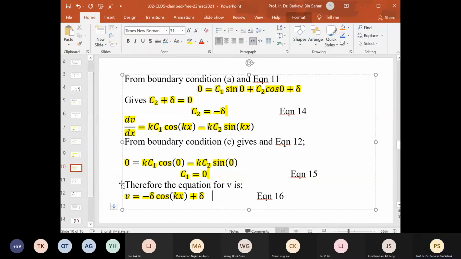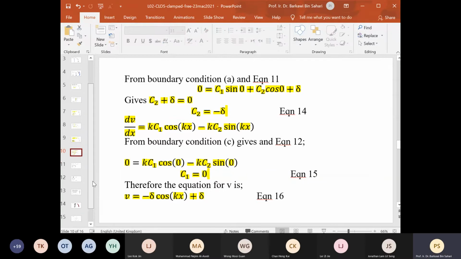Okay, so this is the solution, but where does P critical come from?